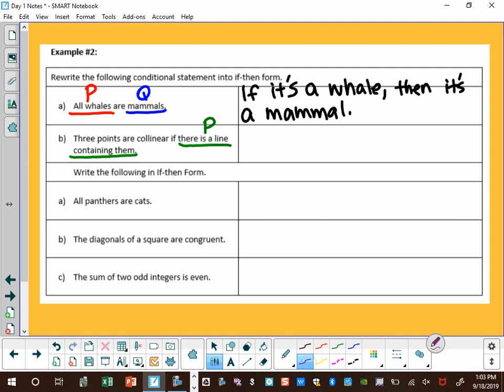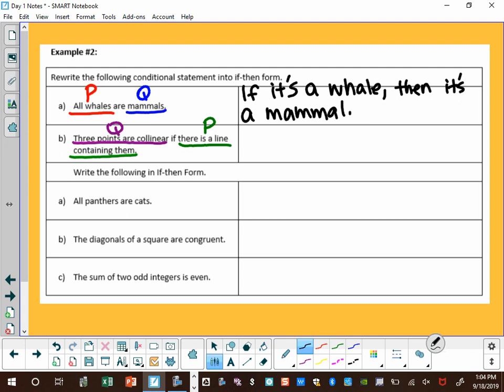And so my points that are collinear will be my conclusion. So we're going to rewrite this. When we rewrite it, some words may be different. So if there's a line containing them, then the 3 points are collinear. If you wanted to write it just like that, I would not mark that wrong.